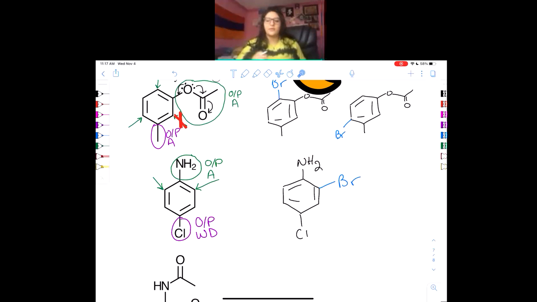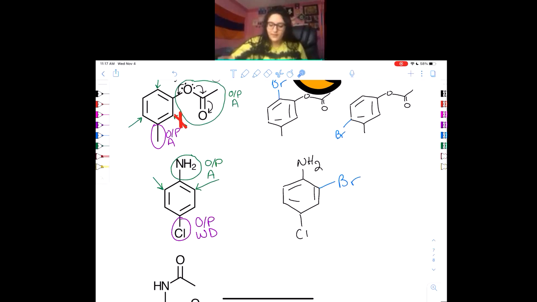Usually chlorine works, but if you have any NH2 or strong deactivator on the ring, it automatically just will not happen, even if that wouldn't be the director. If that makes sense.